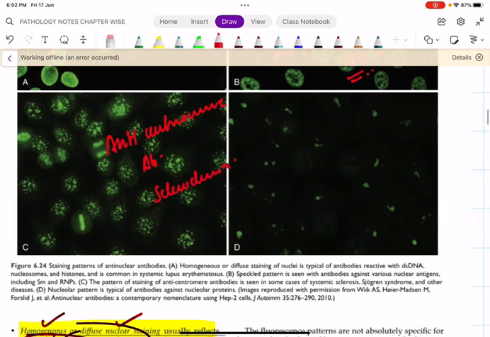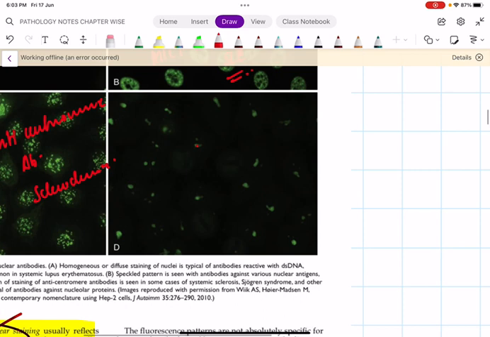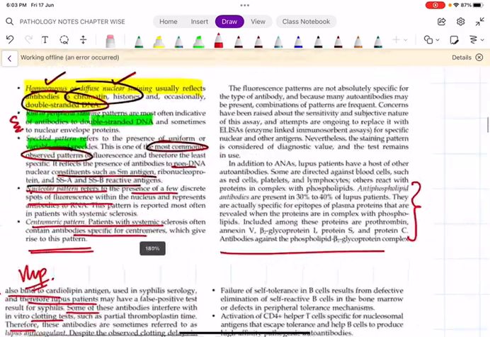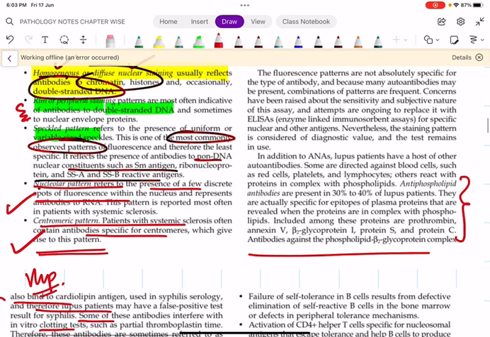And the final picture D, you can see just a single dot. This is nucleolar antigen. So the centromeric pattern, the nucleolar pattern, and the most commonly observed pattern is the speckled pattern, which means the antibodies are directed against the Sm antigen.